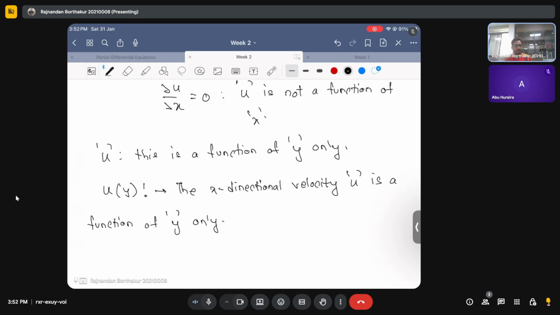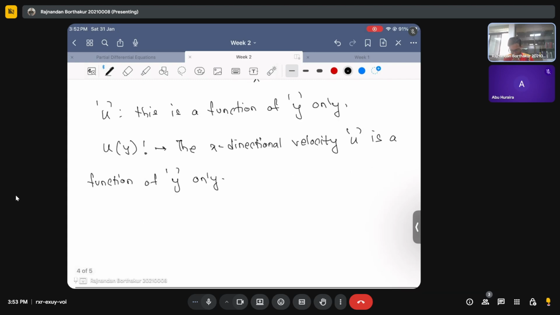Okay, that is the consequence, again I say, of invoking the assumptions into the continuity equation is what we get here. Okay, any questions until this point? All right, I believe there are no questions.